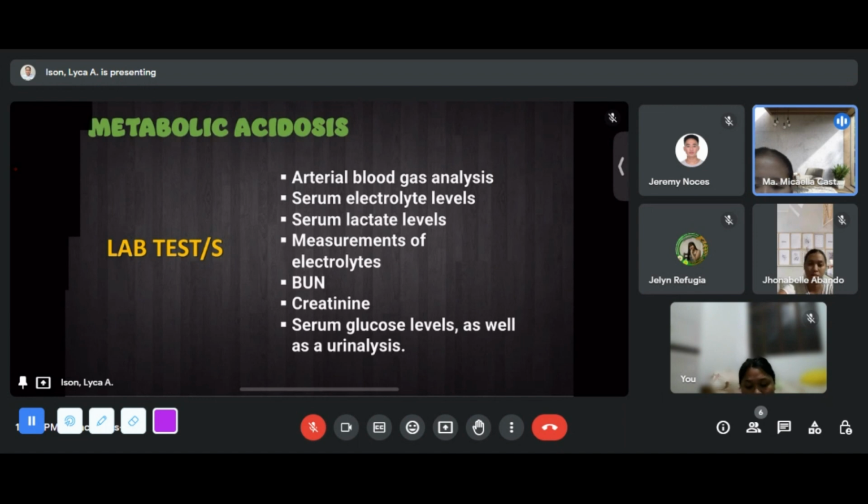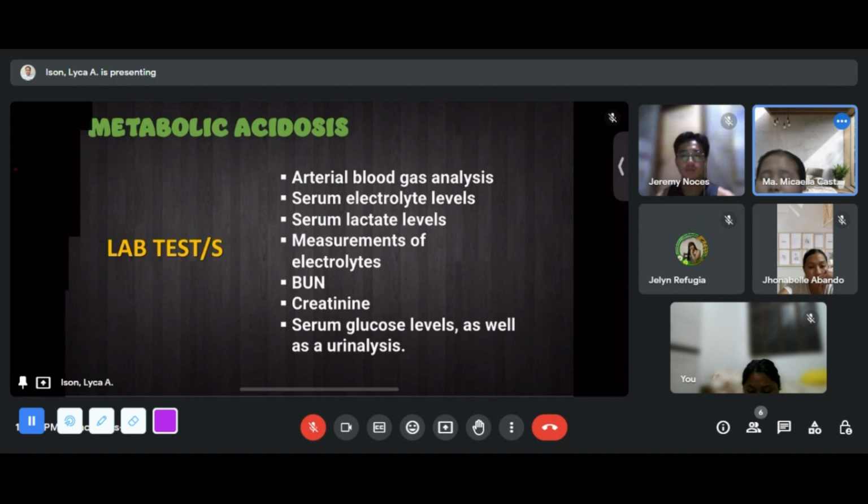Then yung measure of electrolytes, nakikita ang mga concentration of the substance in a specific amount of blood. So yung BUN or blood urea nitrogen test can provide important information about your kidney function.